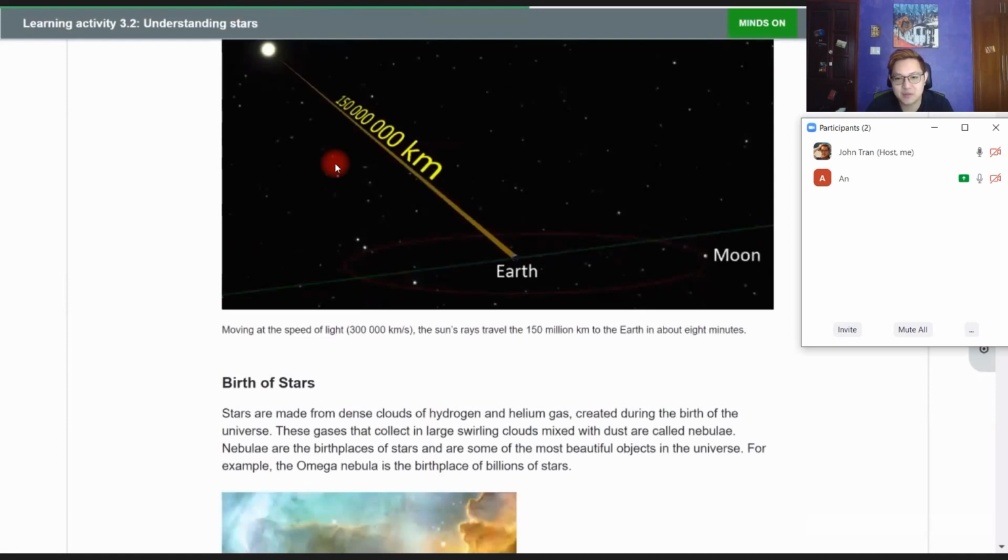They are some of the most beautiful objects in the universe, because basically they look colorful and just like, you know, heaven. So that's why we say they are some of the most beautiful objects in the universe.